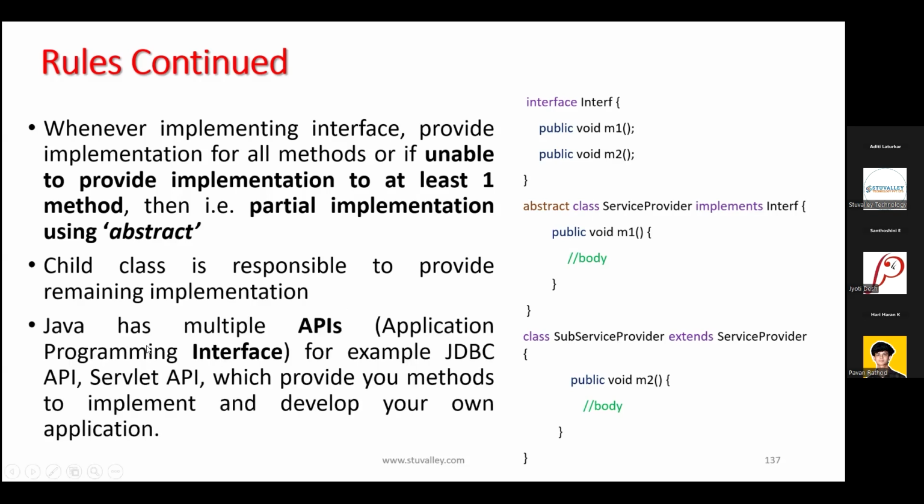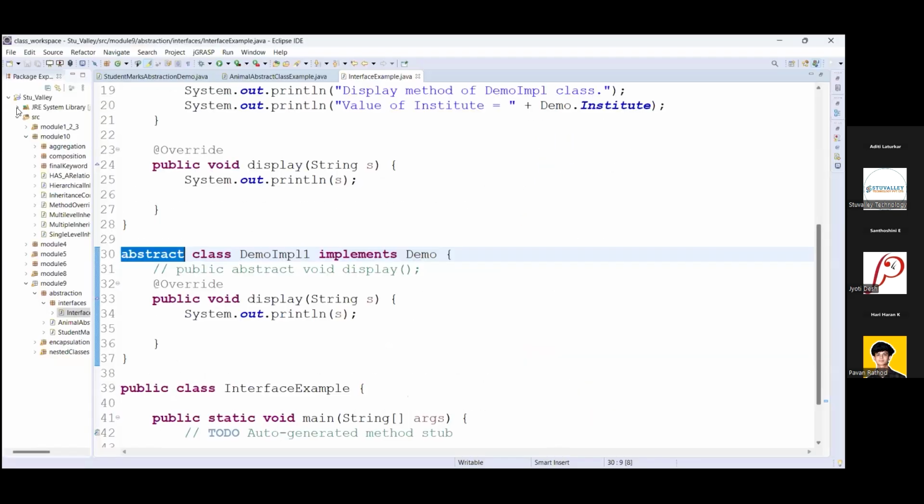Java has multiple APIs. API means application programming interface, right? So I stands for interface. So there are multiple interfaces provided in Java, which we know as APIs. Okay. For example, the JDBC API and Servlet API, which provide you some methods to implement and develop your own application. You can see the JDBC API.